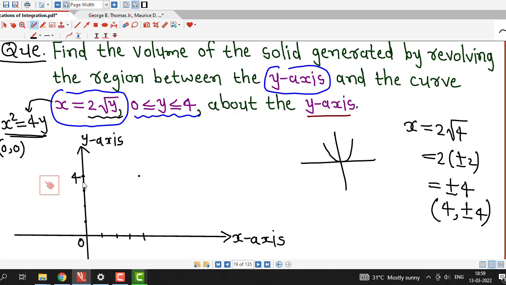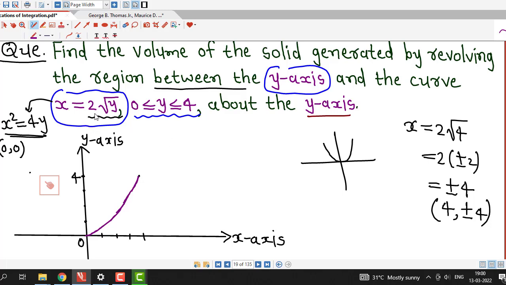Now we consider the part of the parabola between y equal to 0 and 4, and we have to consider the region between the y-axis and the curve. This is the part of the parabola to the right side of the y-axis.